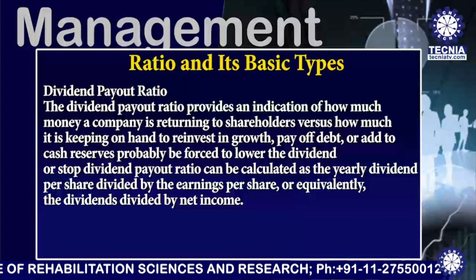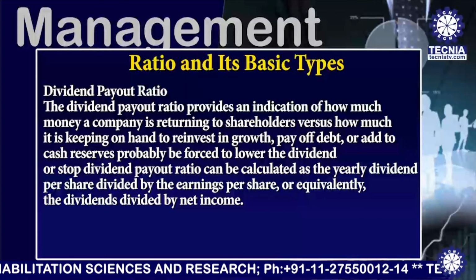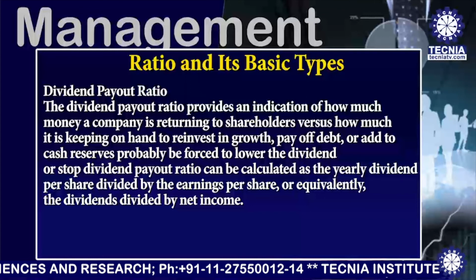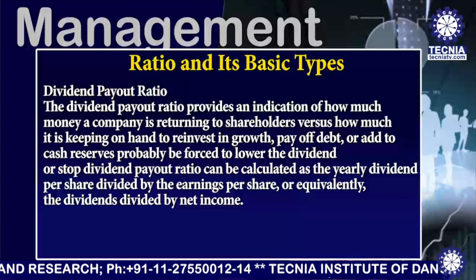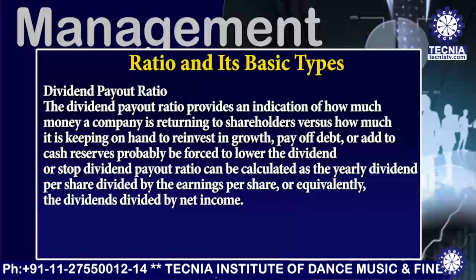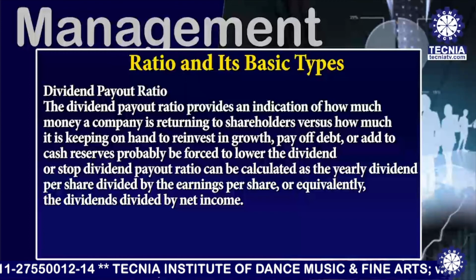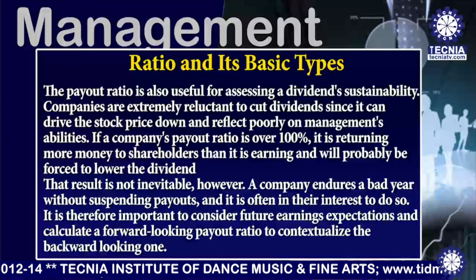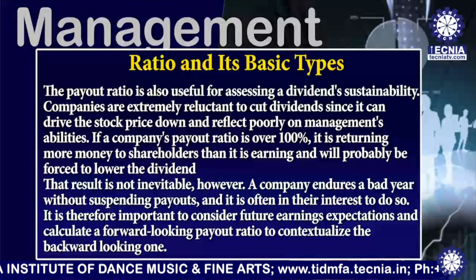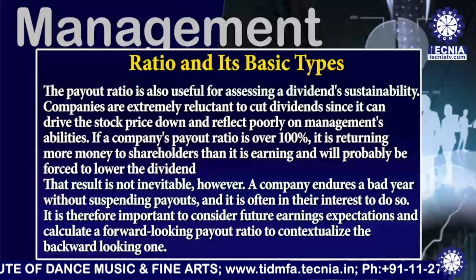The dividend payout ratio can be calculated as the yearly dividend per share divided by earnings per share, or equivalently the dividends divided by net income. The payout ratio is also useful for assessing a dividend's sustainability.